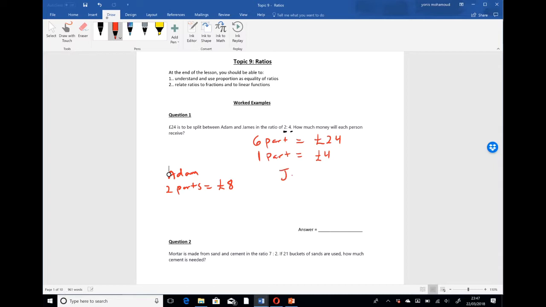And James has 4 parts, and 4 parts is 4 times 4, which is 16. So James gets 16 pounds and Adam gets 8 pounds.